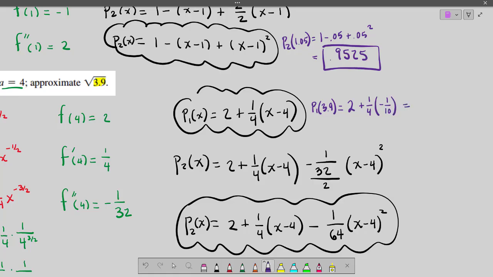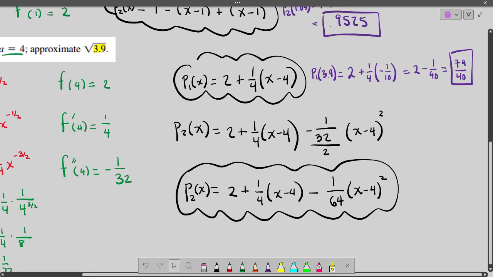And so this is going to be 2 minus 1/40. That's going to be 80/40 minus 1/40 is 79/40. So that is going to be our approximation. We could write it as a decimal also, it doesn't really matter.